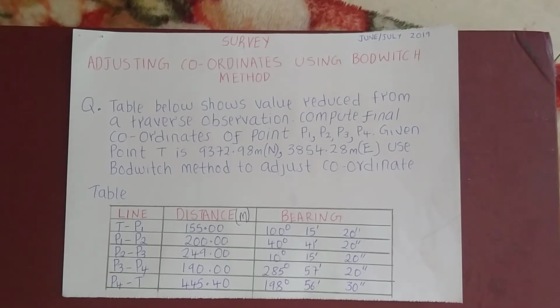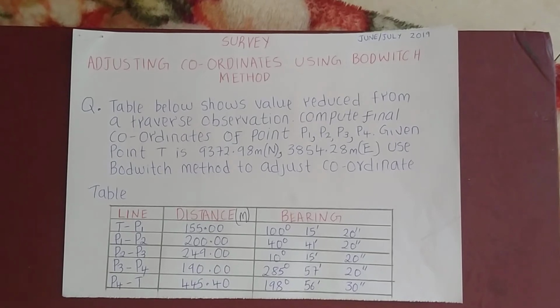So we can have a look at the table. Line TP1 has a distance of 155 and a bearing of 100 degrees 15 minutes and 20 seconds. Line P1P2 has a distance of 200 meters, a bearing of 40 degrees 41 minutes and 20 seconds. Line P2P3 has a distance of 249 meters, a bearing of 10 degrees 15 minutes and 20 seconds.